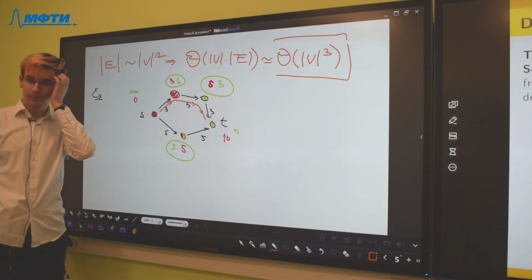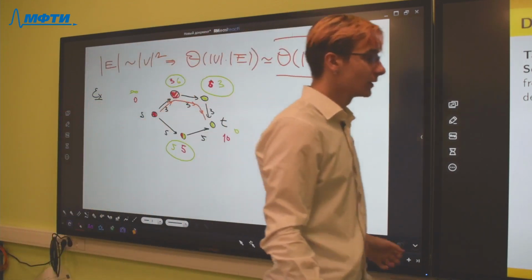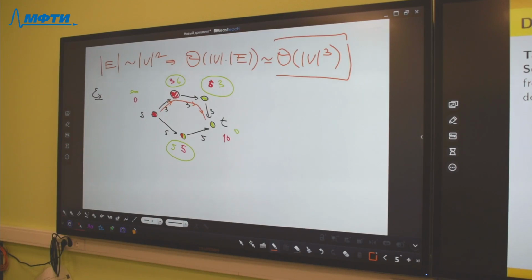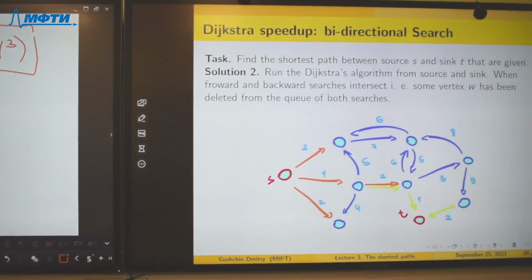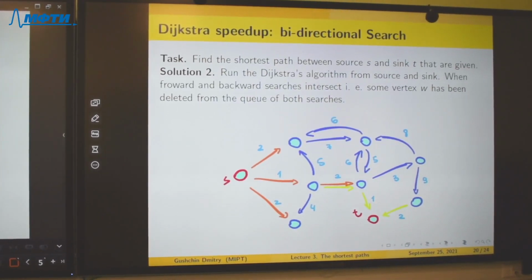Understandable? Nice. So, it's about bidirectional search, and in practice it makes smaller operations than the usual Dijkstra algorithm. You can use it in practice.